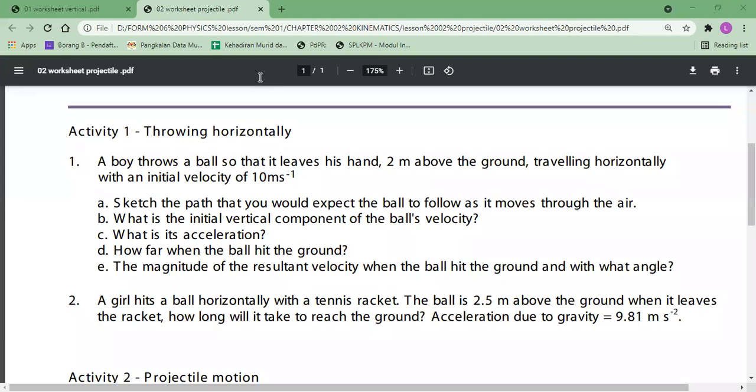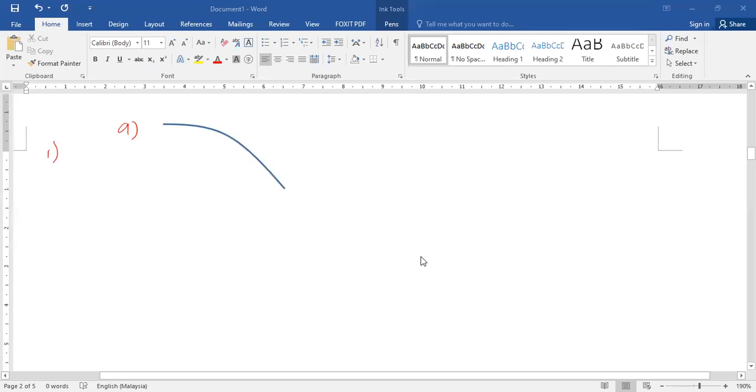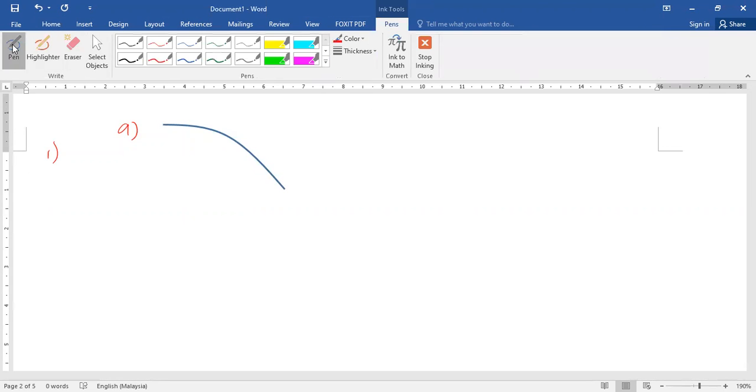So now, class, we consider the motion. The motion is a curved path, right? That means when I throw out the object, with a velocity of how much just now? 2 meters above the ground with 10 m/s.